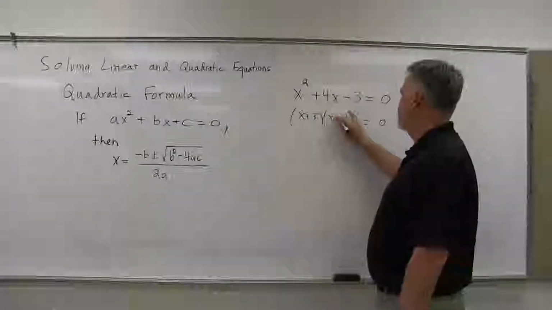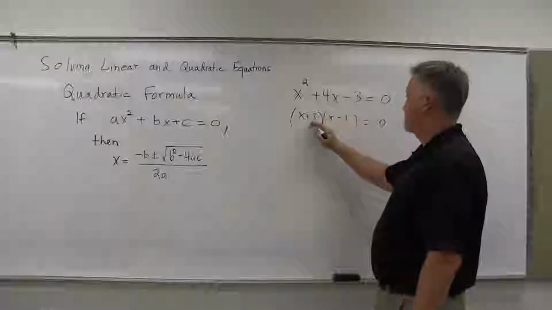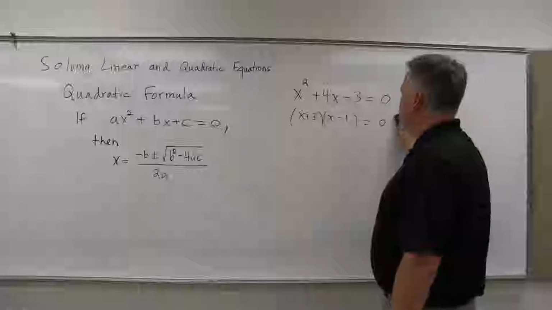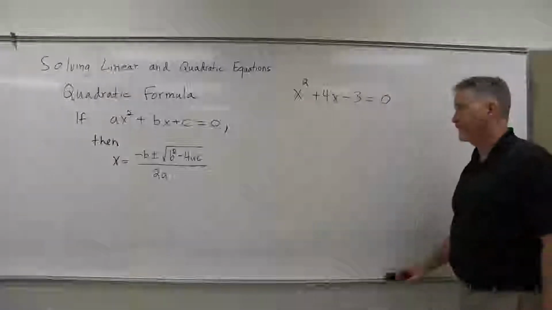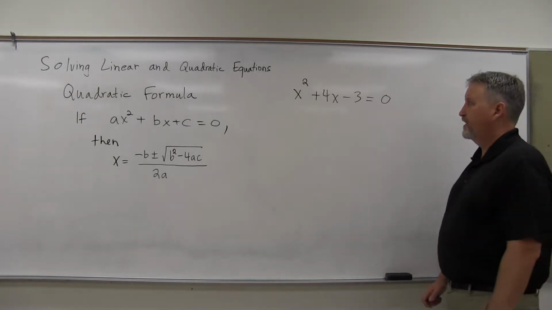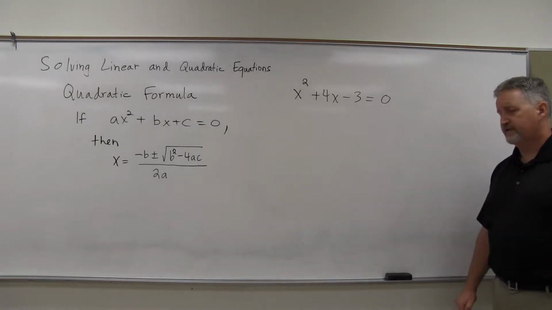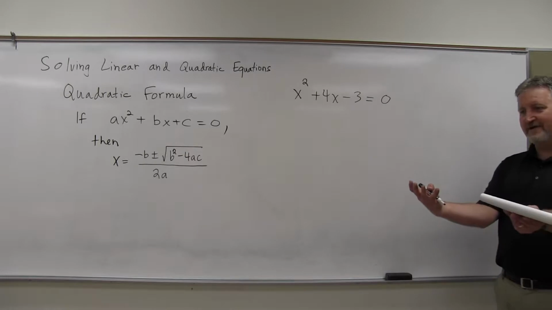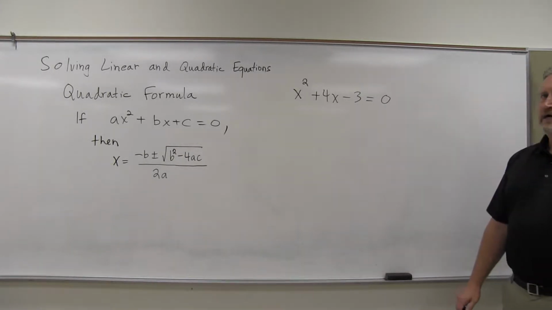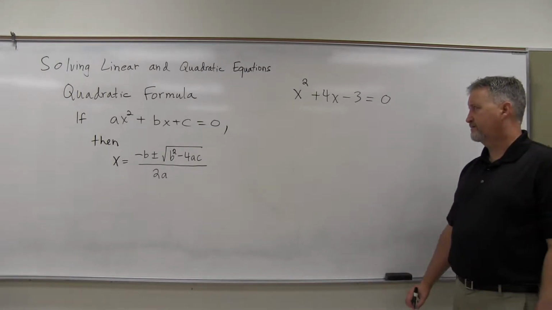You're going to go plus 3 minus 1? No, because 3 minus 1 gives you positive 2. Neither one of those. There's nothing that'll work to give us positive 4 in the middle and negative 3 as the constant. So that's what I'm saying. Not always will factoring work or the square root method, as we talked about.